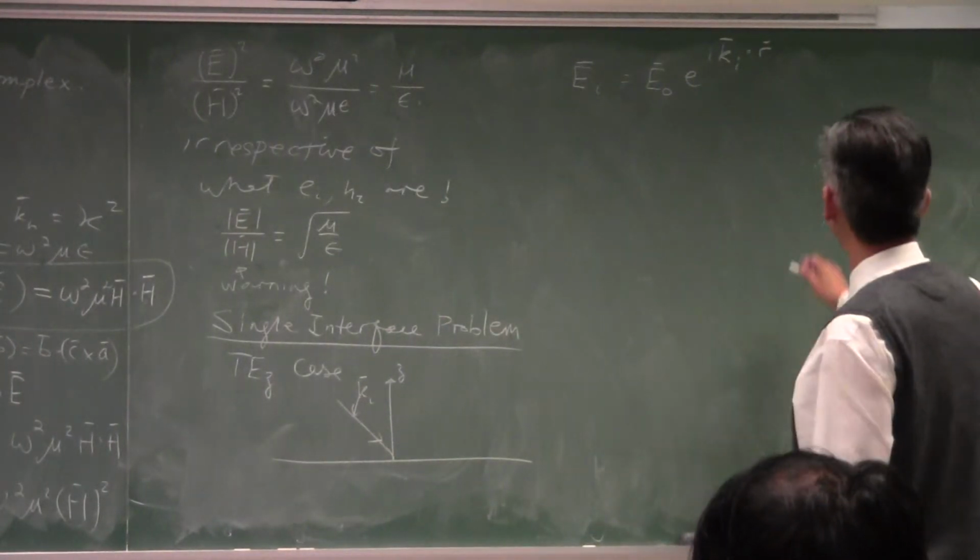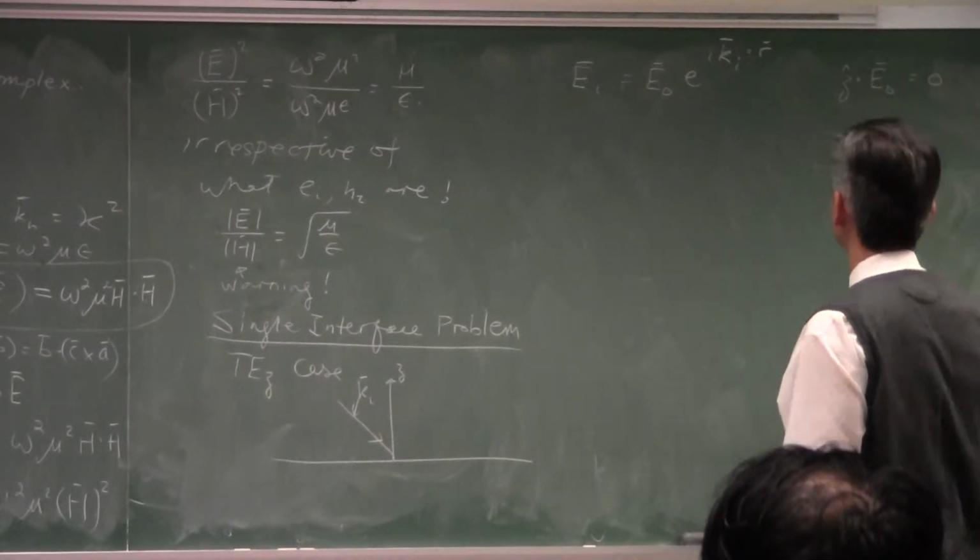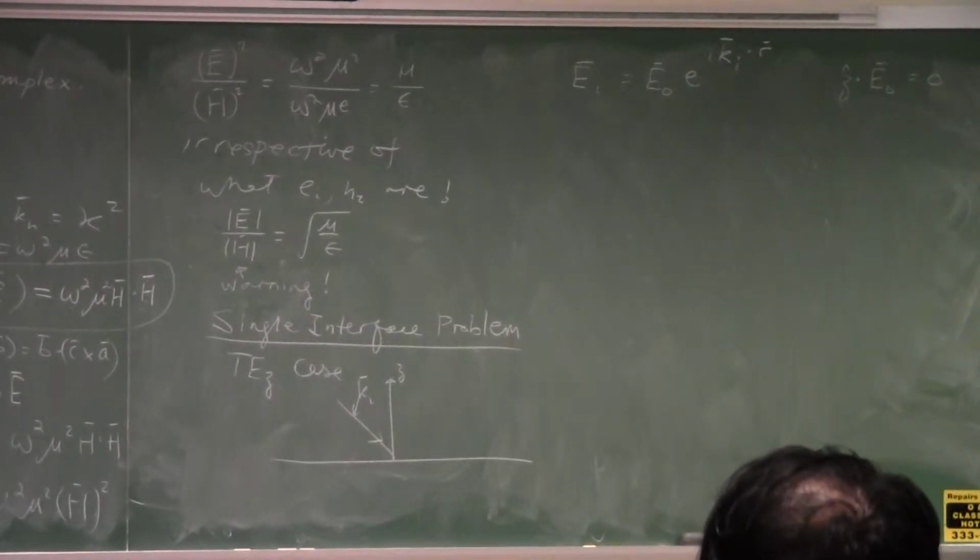And E naught is transverse to Z. So this is a TE wave. I just demand that my E naught be transverse to Z in that manner.